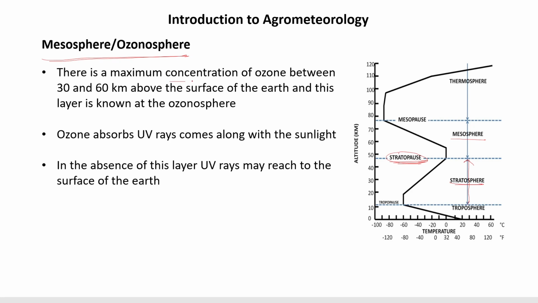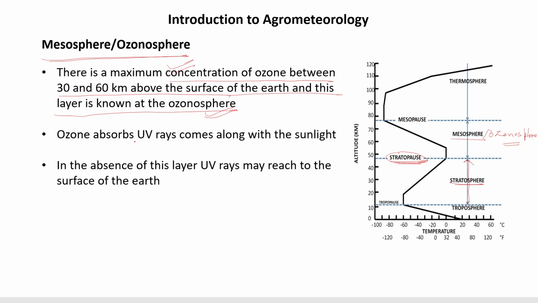There is a maximum concentration of ozone between 30 to 60 kilometers above the surface of the earth, and this layer is also known as the ozonosphere. So the mesosphere is also known as the ozonosphere because it has the maximum concentration of ozone.